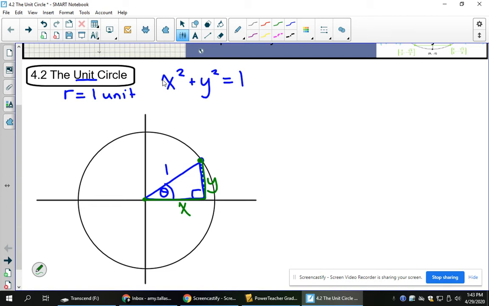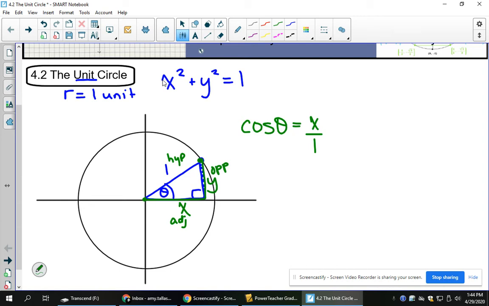Now, if I do cosine of theta, forget the circle, just look at it like it's a grade 10 SOHCAHTOA question. Cosine is adjacent over hypotenuse. Adjacent over hypotenuse is x over 1.